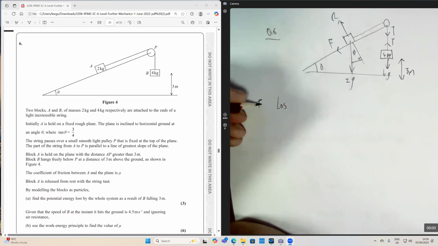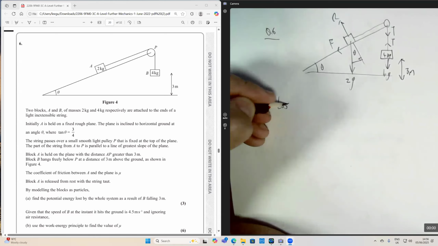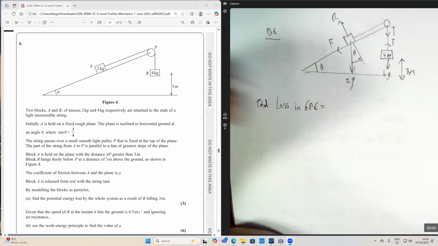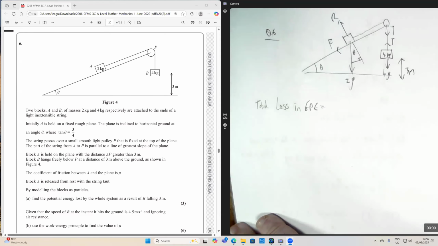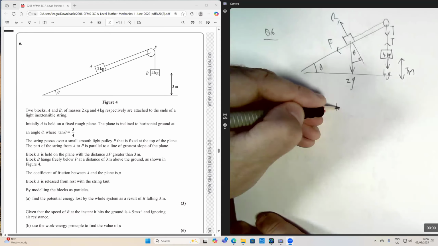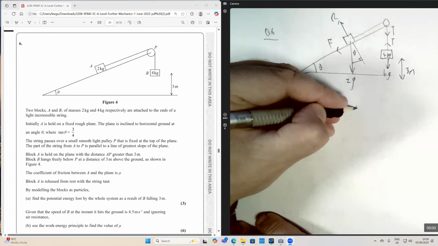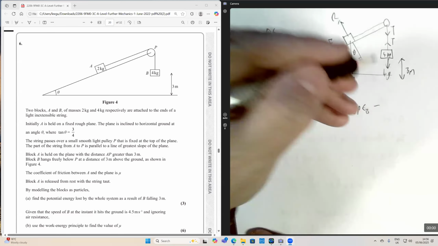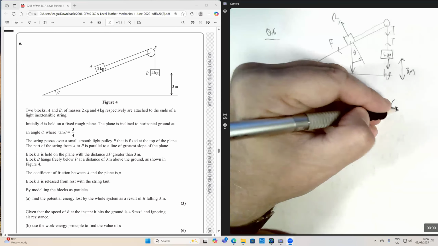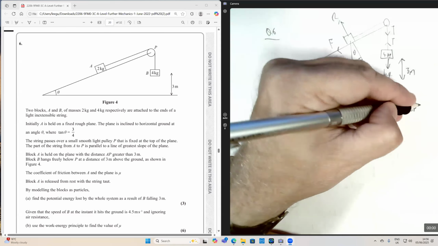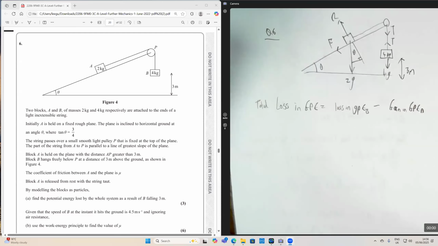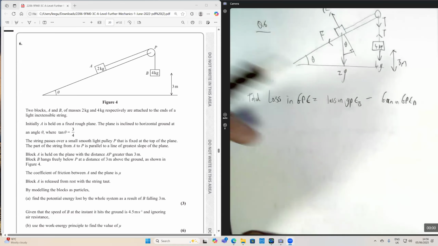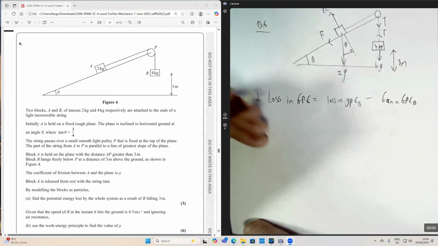So let's write down the total loss in gravitational potential energy. That's going to equal the loss in gravitational potential energy from B minus the gain in gravitational potential energy of A. So the total loss is how much B has lost minus how much A has gained.